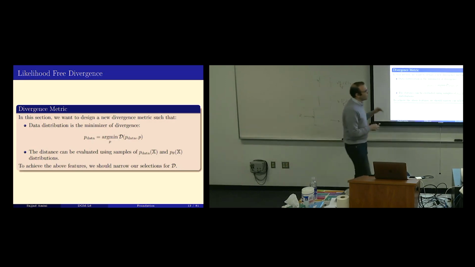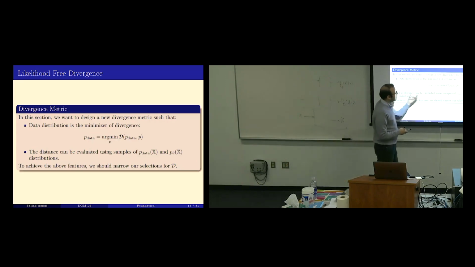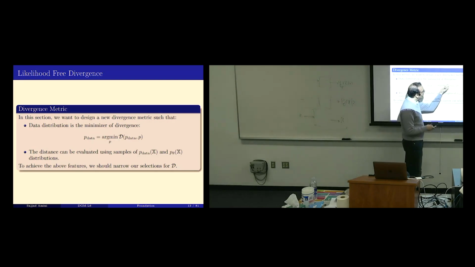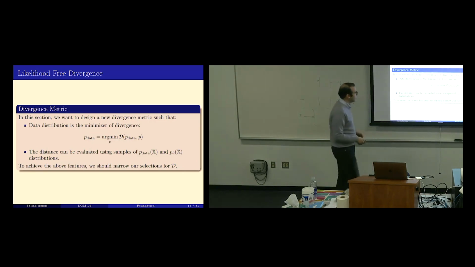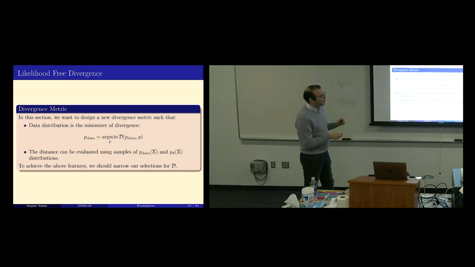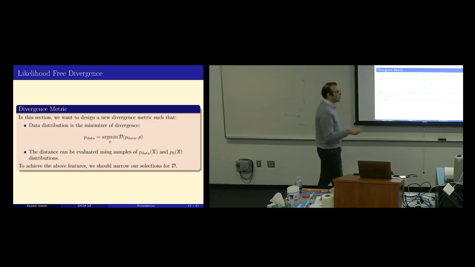So we want to go in the direction that this D can be evaluated using samples from each of these distributions, and it is not the log likelihood anymore. Okay, so we should narrow our selections for D.